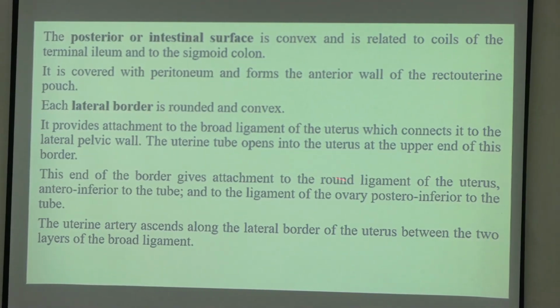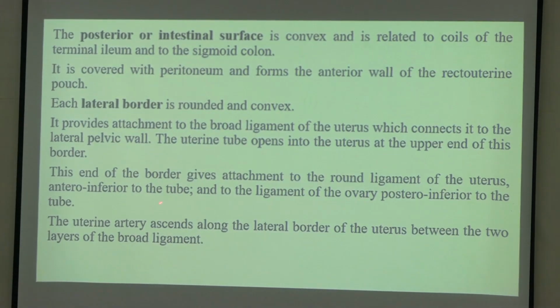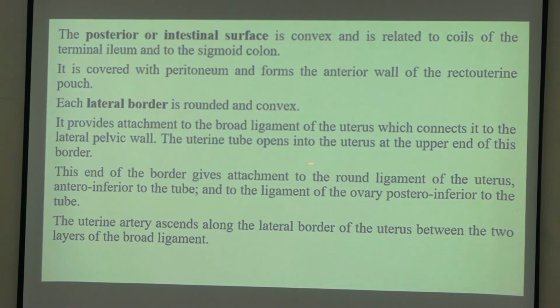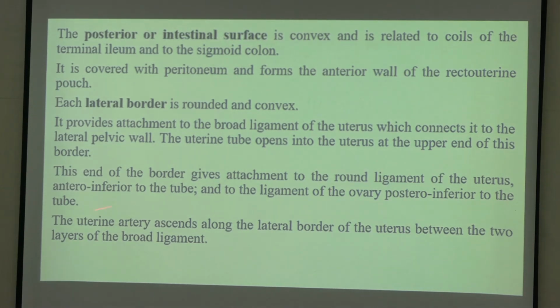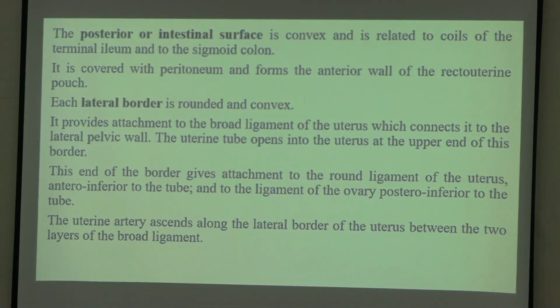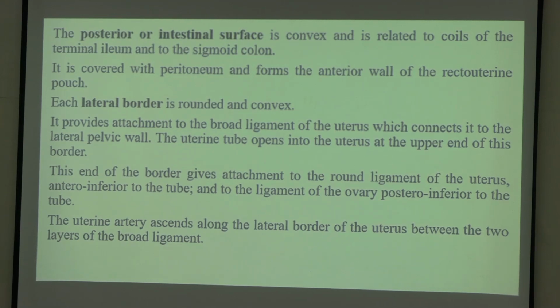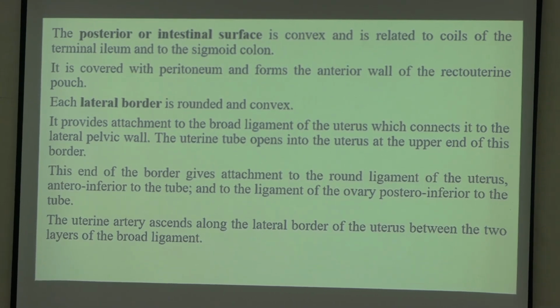Along with that, the border gives attachment to the round ligament of the uterus, anterior inferior to the fallopian tube, and the ligament of the ovary, posterior inferior to the tube. So these are the attachments of other structures as compared to the uterine tubes or the fallopian tube. Okay, the uterine artery is also ascending on the lateral aspect of the lateral border of the uterus.